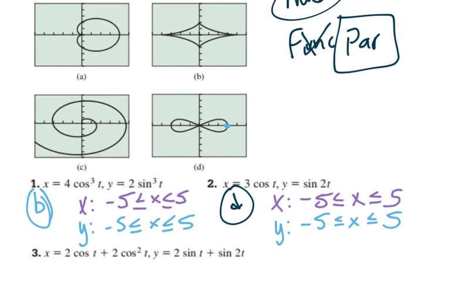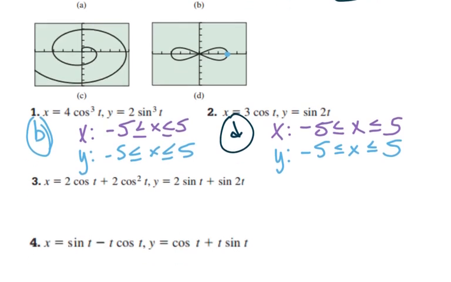Alright, so the next ones we're going to do is either going to be this guy or this guy, so a little spiral there, or a cardioid. So, going into your y equals again, we're going to do x equals 2 cosine of t plus 2 cosine of t squared.